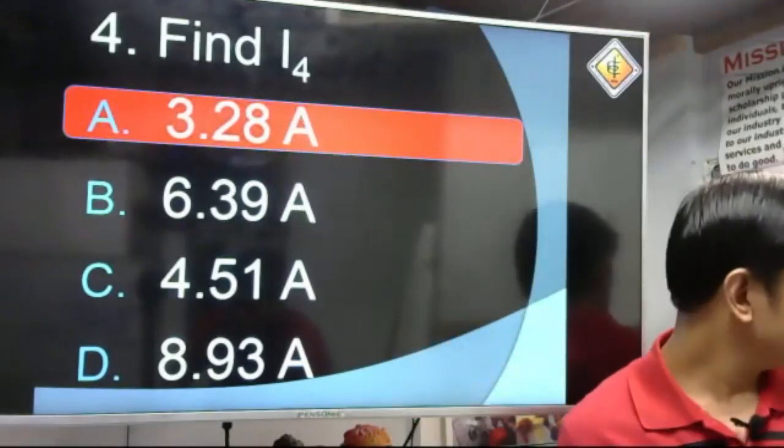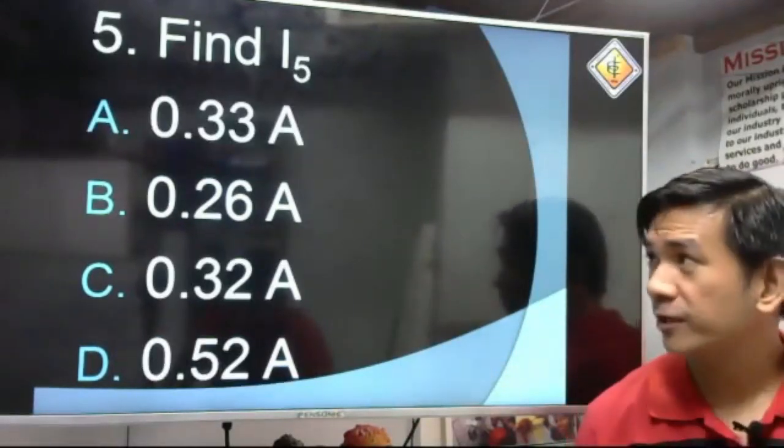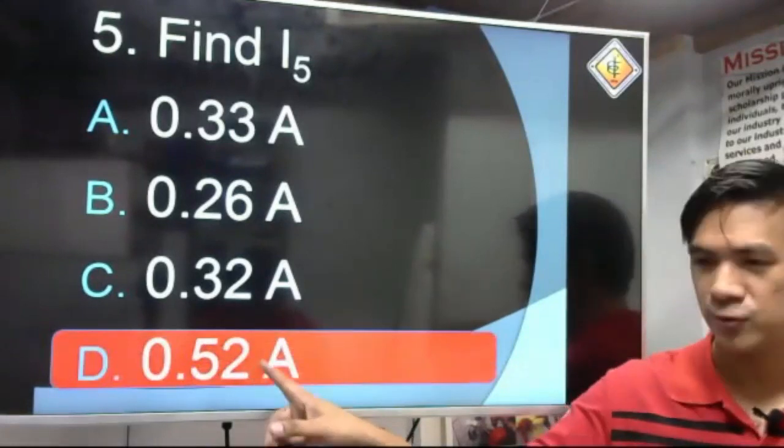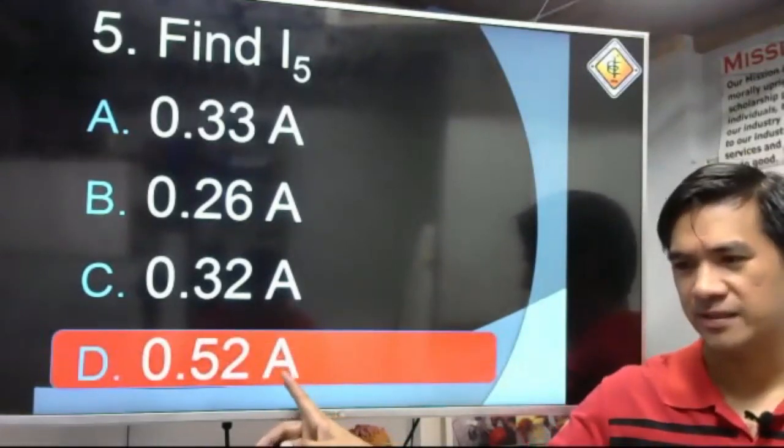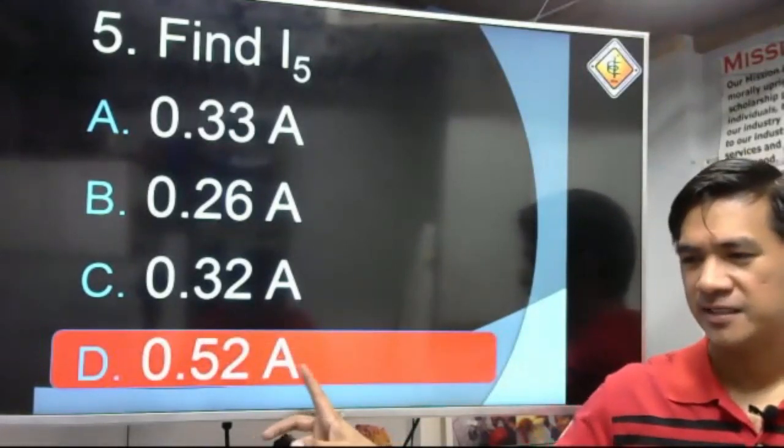Then for I5, that's for number 5, we have 0.53 or 0.52. That's the answer.